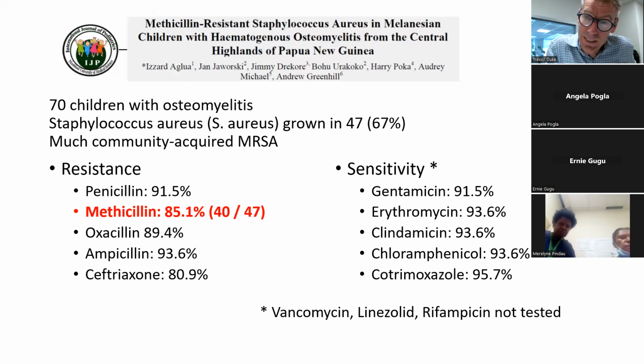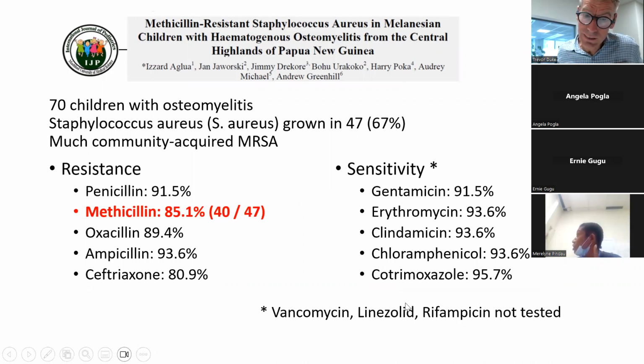And back in the 1980s and 1990s, we used to treat osteomyelitis with chloramphenicol, and then chloramphenicol became less useful for meningitis. In fact, not useful at all for meningitis, but it's interesting that it might still have some utility in the management of osteomyelitis in the current era of MRSA.